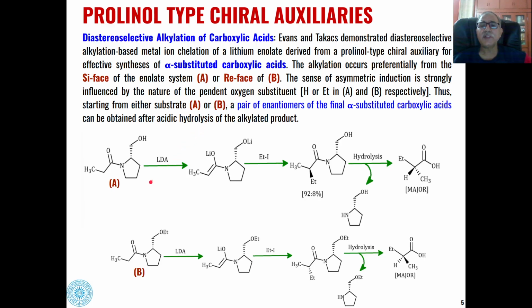So basically what they have done is they synthesized these types of prolinol based chiral auxiliaries.